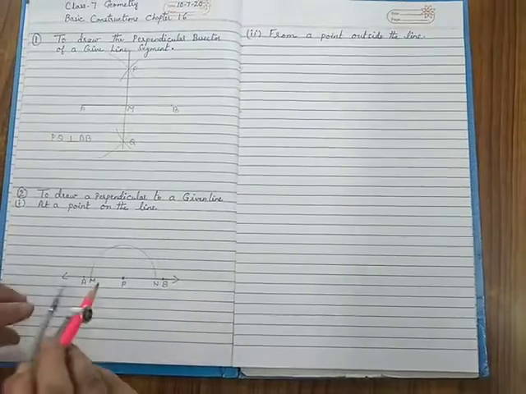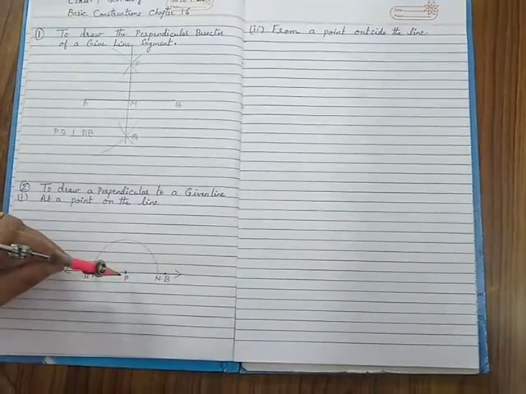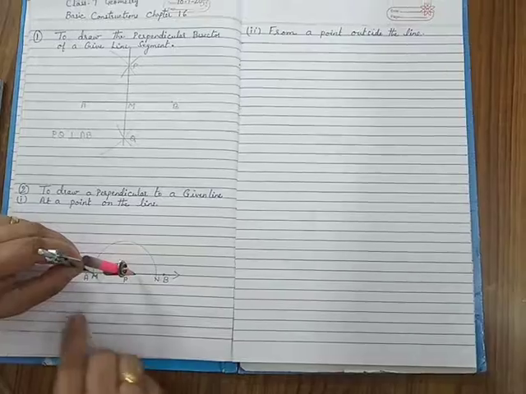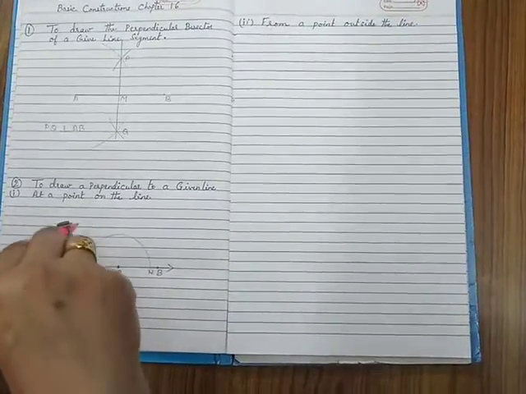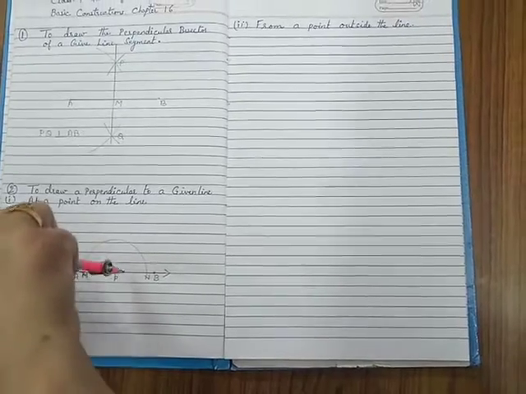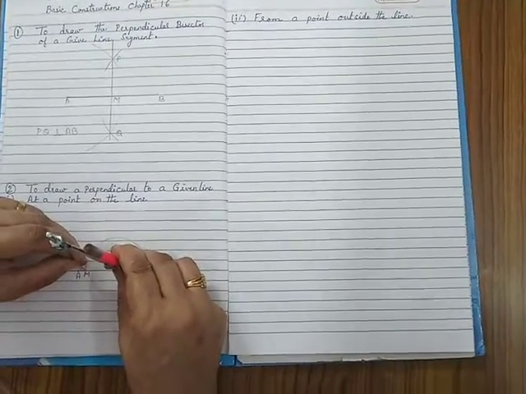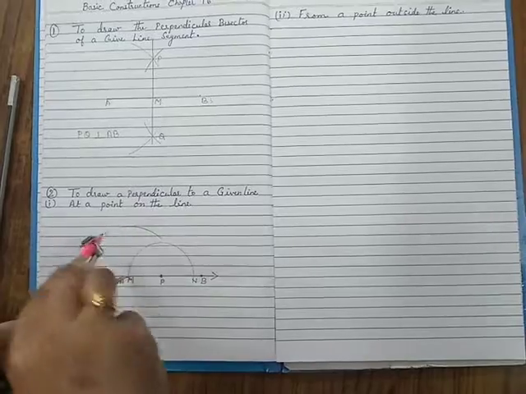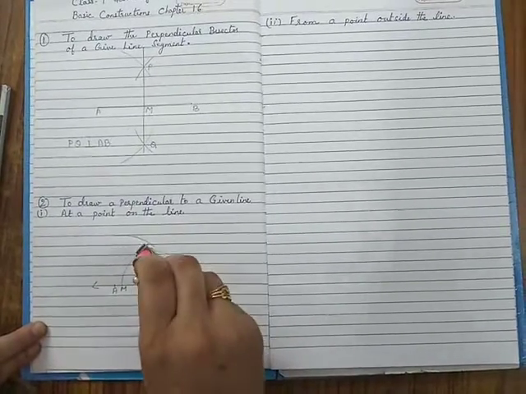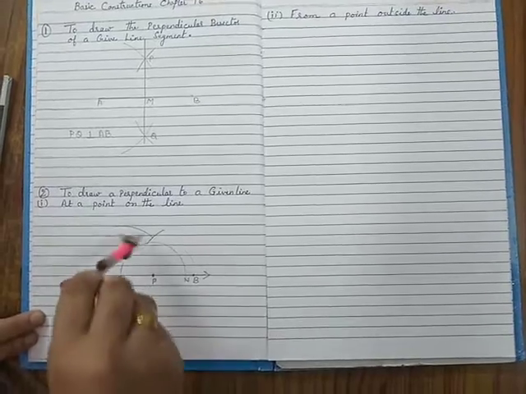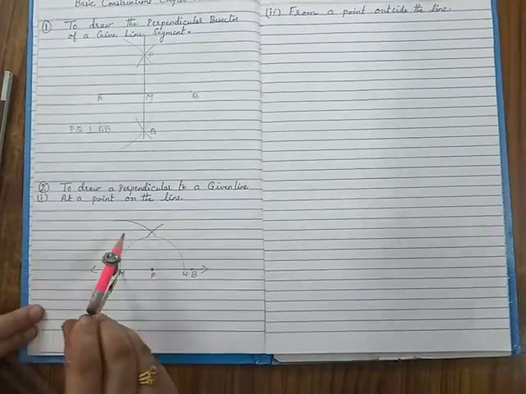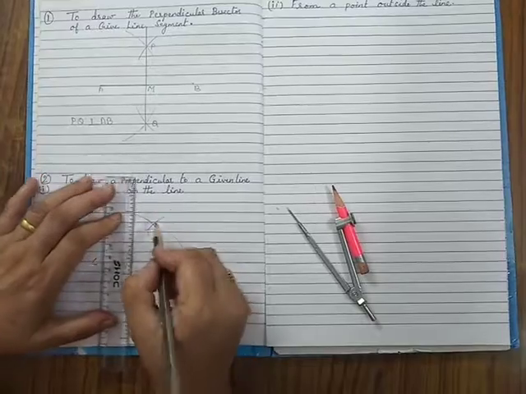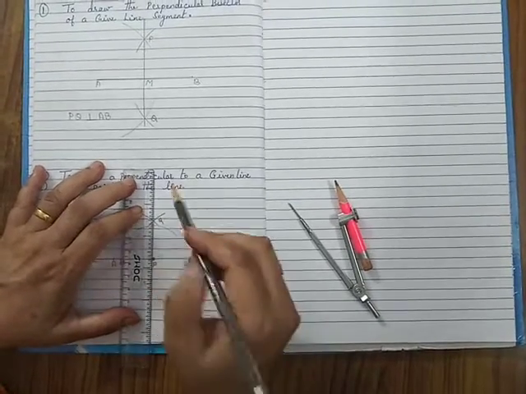With M and N as center and radius more than half of MN, draw two arcs to intersect at Q. Now join PQ.